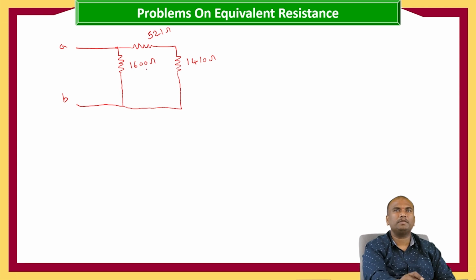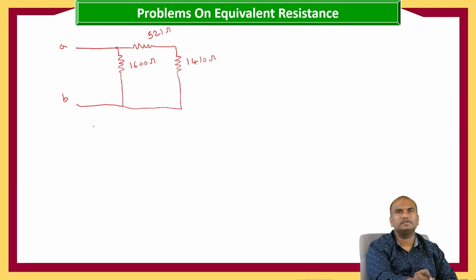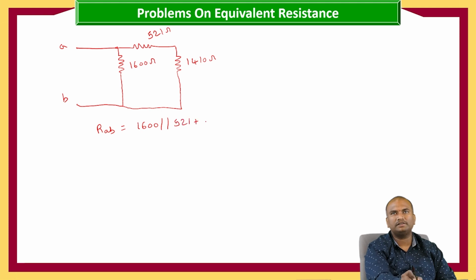That combination is in parallel with 1600 ohms. So RAB is equals to, directly I am writing, 1600 ohms is in parallel with 521 plus 1410.